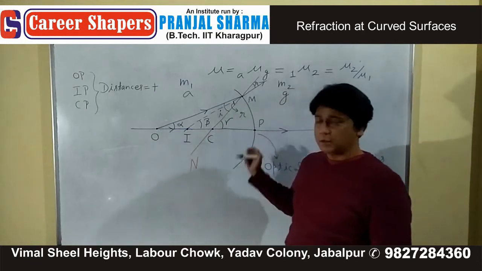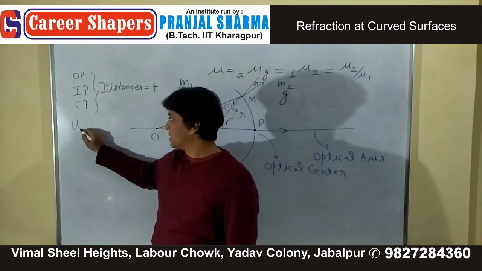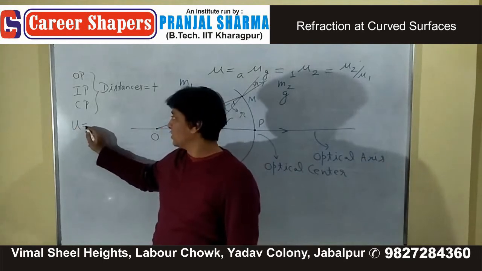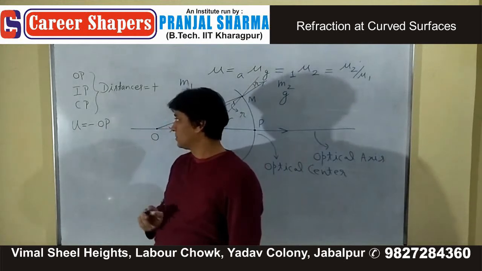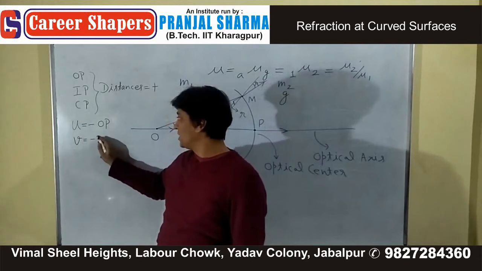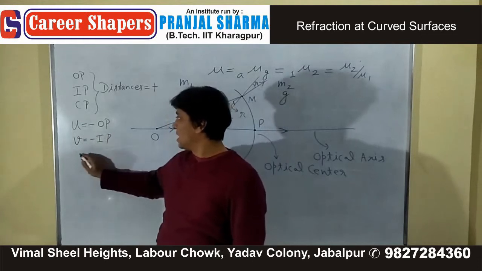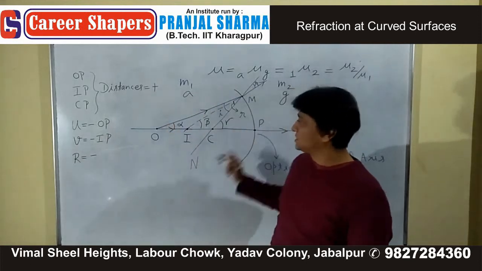OP is the distance of object, which is represented by U, and therefore U is minus of OP. V is minus of IP. R is minus of CP.